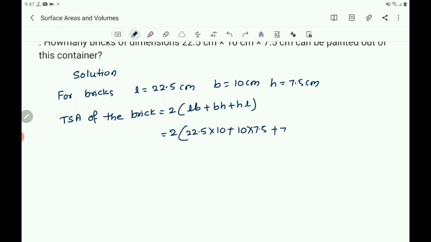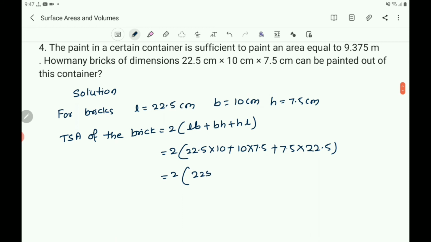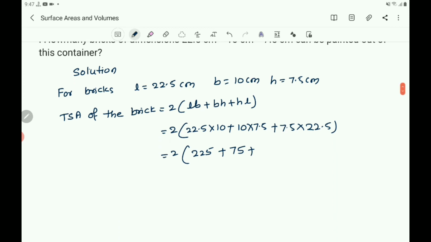7.5 into 22.5). Then you write 2 into (22.5 into 10 is 225, plus 10 into 7.5 is 75, plus 7.5 into 22.5).